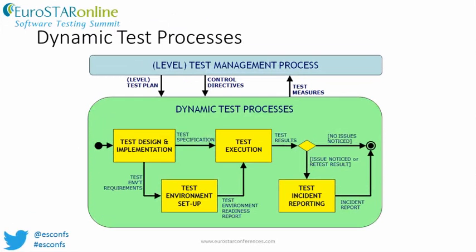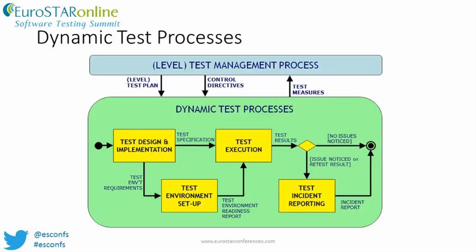Moving down a level, this slide shows the 4 dynamic test processes. It should be noted that if static testing was also part of the standard, 2 of the processes, test environment setup and test incident reporting, could be shared between static and dynamic testing, as both static and dynamic testing require a test environment, and both also require incidents to be analysed and subsequently reported as necessary.